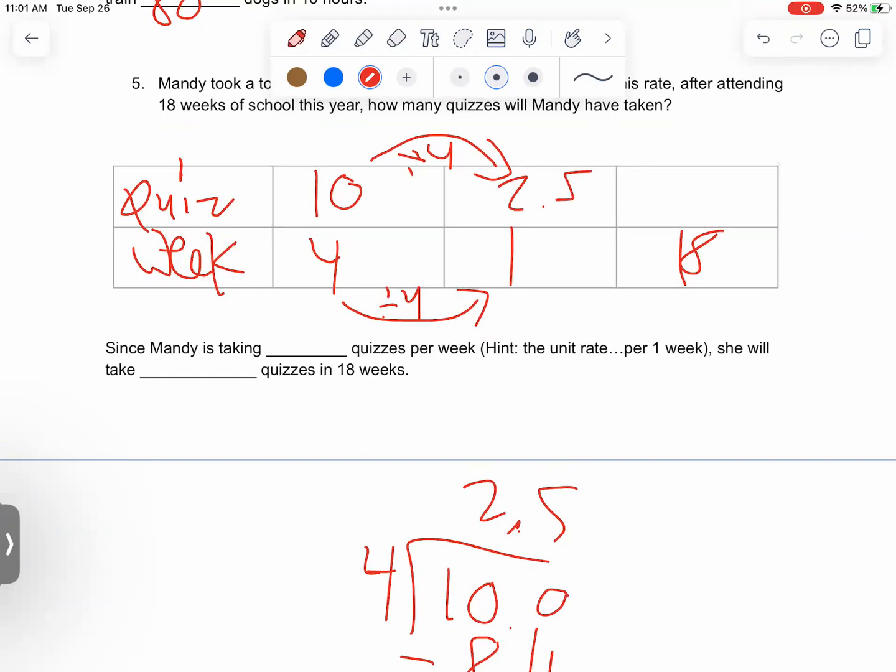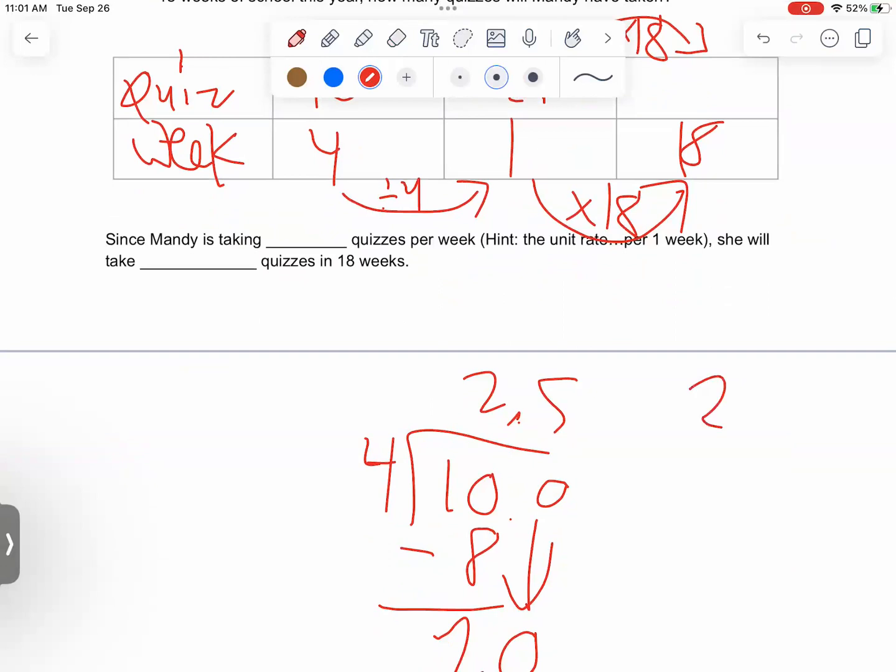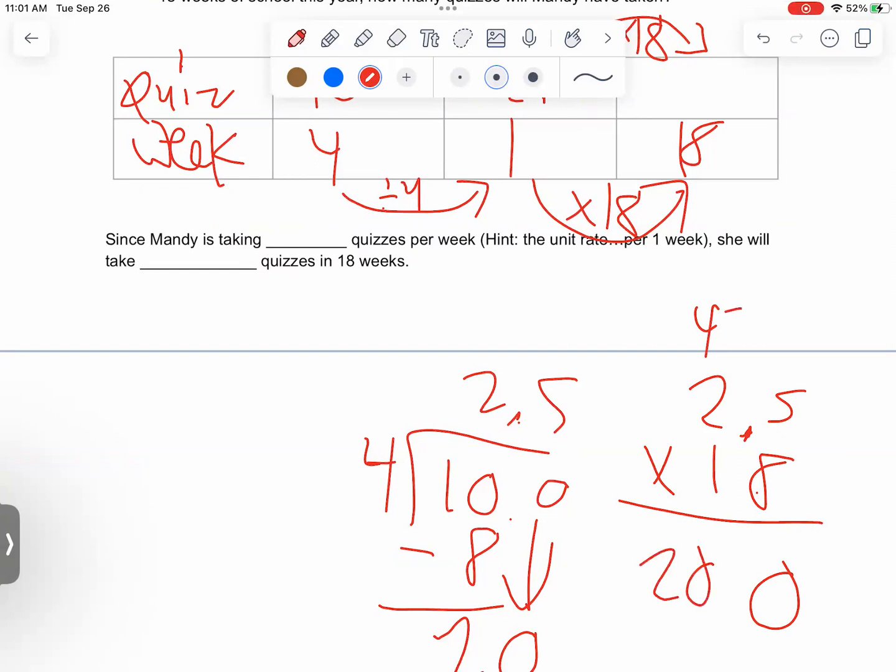Okay, so 2.5 quizzes per week. And we're talking about 18 weeks. So 2.5 times 18 is going to give us our answer. 2.5 times 18. 8 times 5 is 40. 8 times 2 is 16, and 4 is 20.